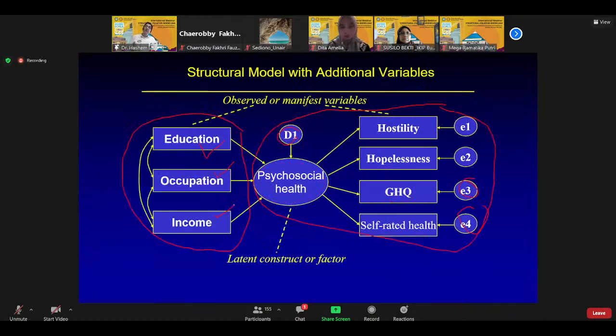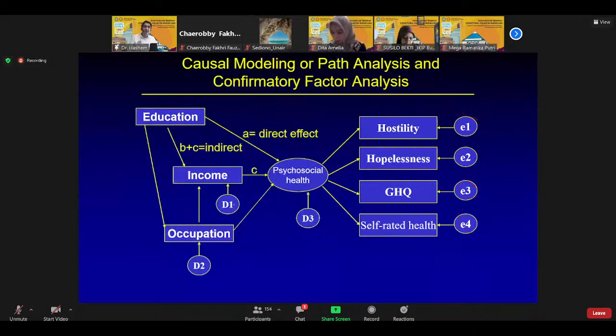In the structural model, we're talking about the measurement model with some added variables, right? So this is another design, which is sometimes called a causal model or path analysis. And for the path analysis, moreover, you can see some variables here, right?